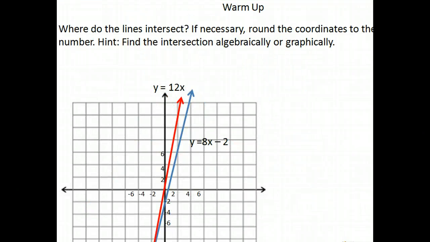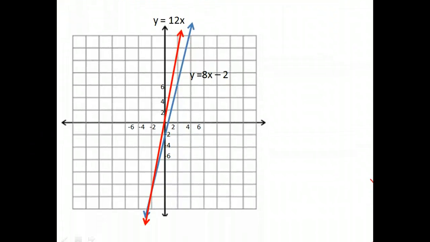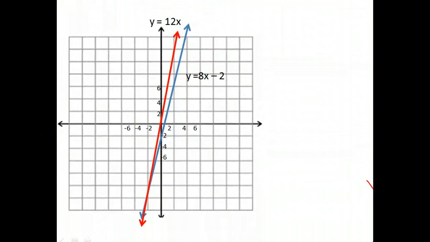Okay, so it says, where do these lines intersect? Round the coordinates to the nearest whole number. So you can find your intersection either algebraically or graphically, is what our options are given here. So let's take a look.